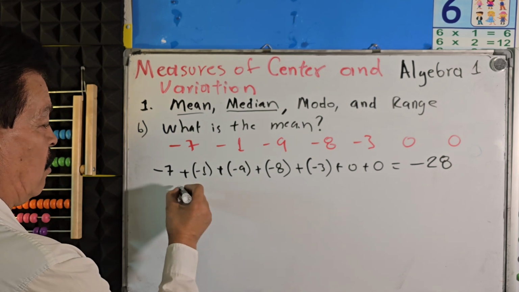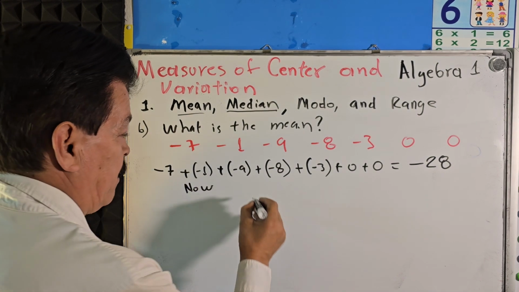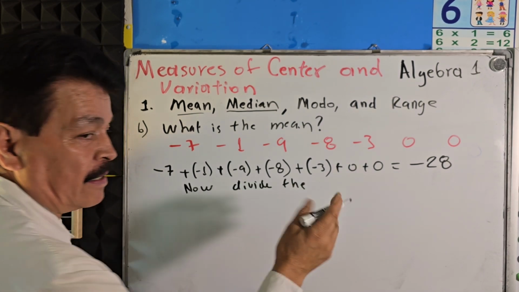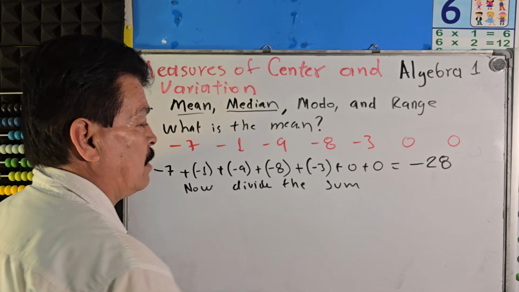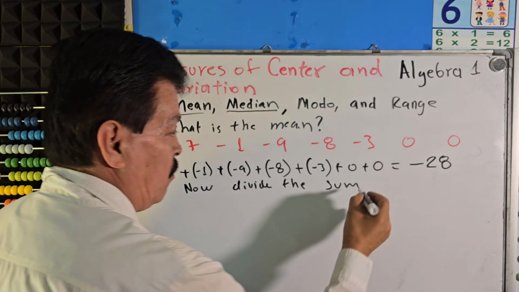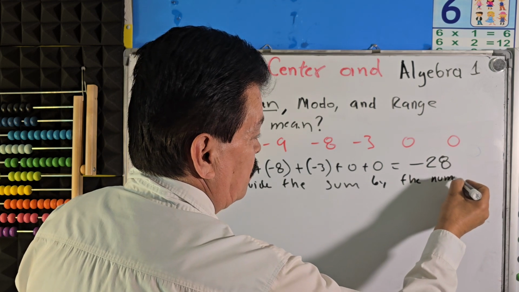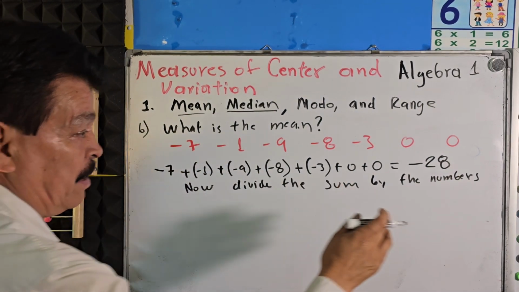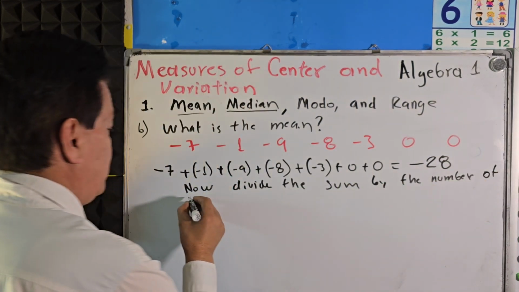Now we divide the sum by the number of numbers.